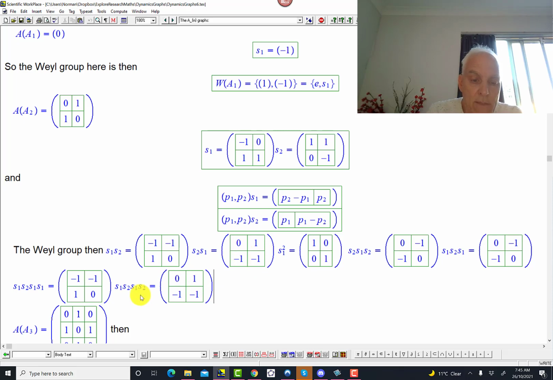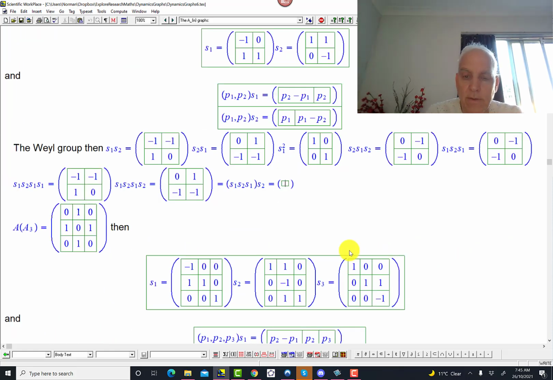Why is that? The reason is because this thing here is also the same as using the braid relation on this. I can replace that S1, S2, S1 with S2, S1, S2. Okay, so this is a rewrite of that using the braid relation.